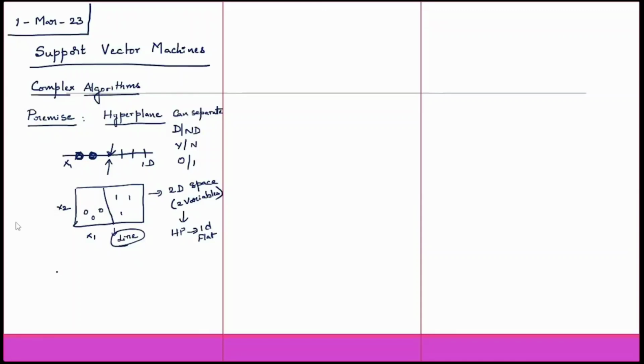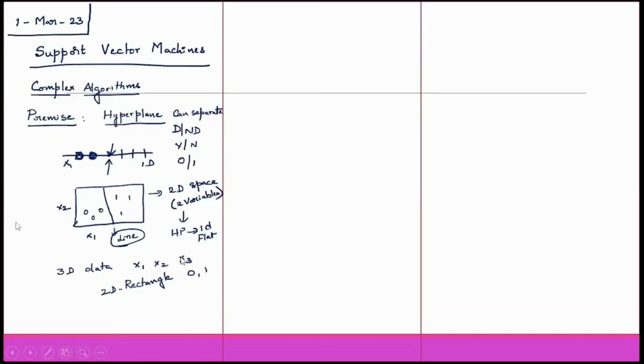And similarly, if my data is three-dimensional data, which means there are three variables, x1, x2, x3, plotted in 3 dimensions, then my hyperplane is like a rectangle, a two-dimensional flat figure, which can segregate zeros and ones.